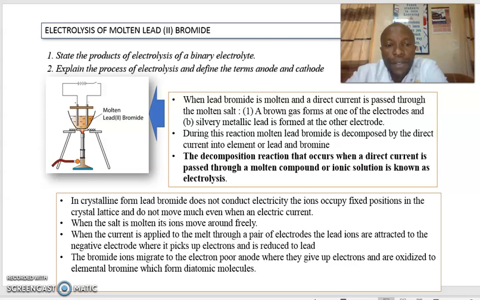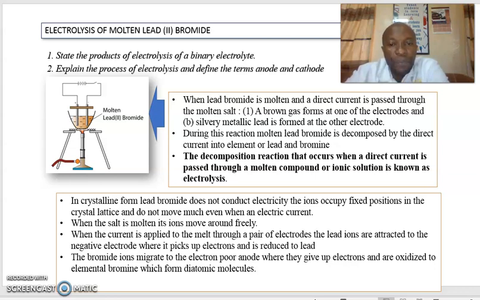And an electrolyte that has two ions, one type of cation and one type of anion, is referred to as a binary electrolyte. So in this case, lead bromide is a binary electrolyte.